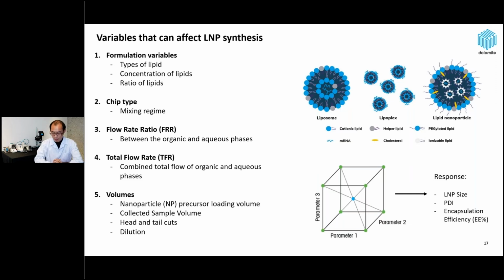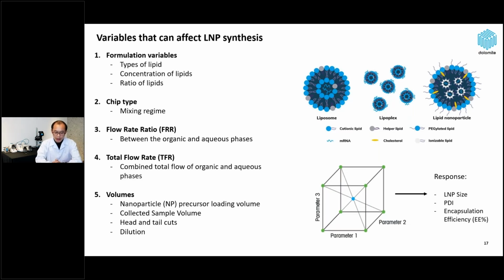So for making lipid nanoparticles, there are many variables that can affect the synthesis process. One is the formulation variables, which include the type of lipid, concentration of lipids, and ratio of the lipids. The second variable is the chip type, which includes the mixing region.